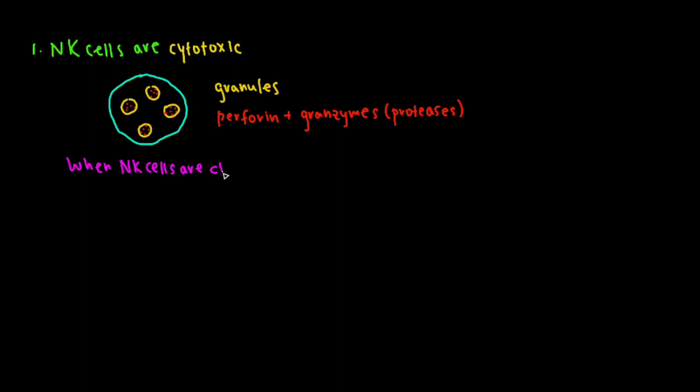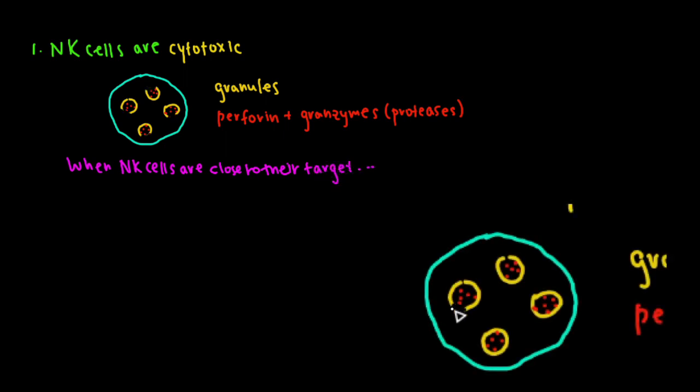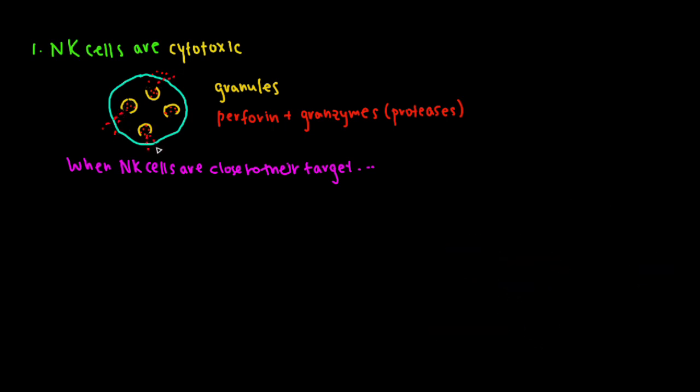So when a natural killer cell approaches a cell that either contains viruses or is recognized as a tumor, the NK cell will release its perforin inside of its granules, which will then penetrate the target cell. So what I'm drawing right now is the breaking of the granules, and this would be the release of the perforins that would kill the target cell.